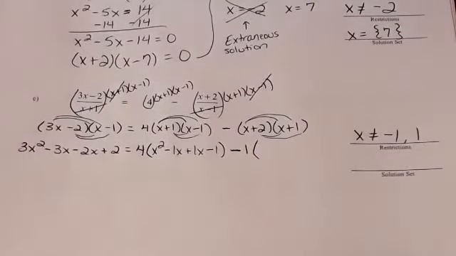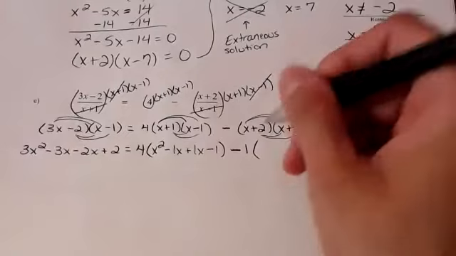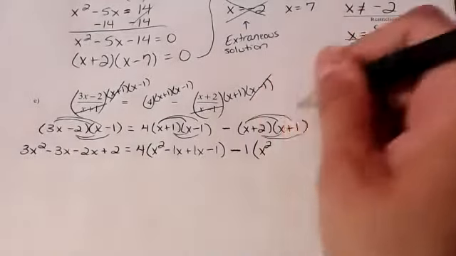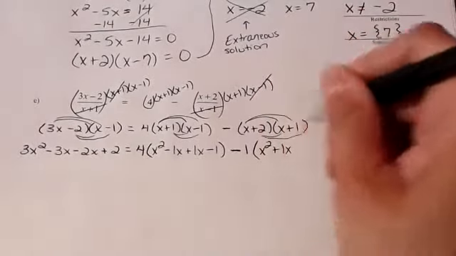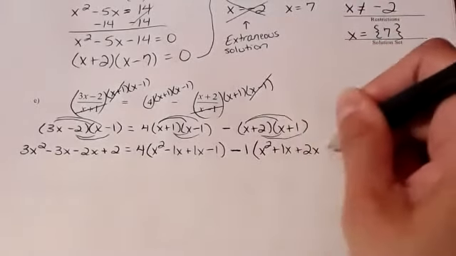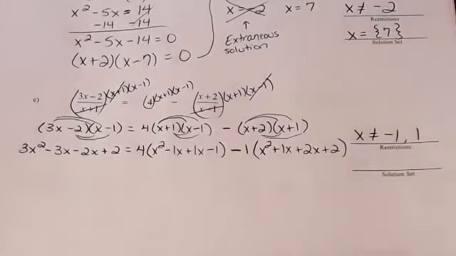That's really helpful to know. We're essentially distributing that -1. So Tiana, thank you for that. That makes it very clear what we have to do here. So x times x, x squared. x times 1, 1x. 2 times x, 2x. 2 times 1, 2. We still have sets of parentheses, which means we still want to distribute. We have to distribute to drop all of the parentheses.